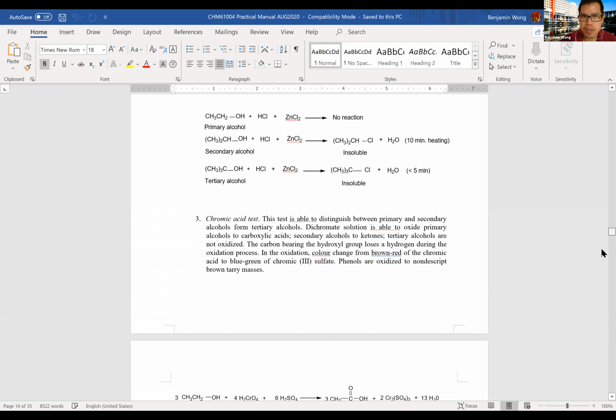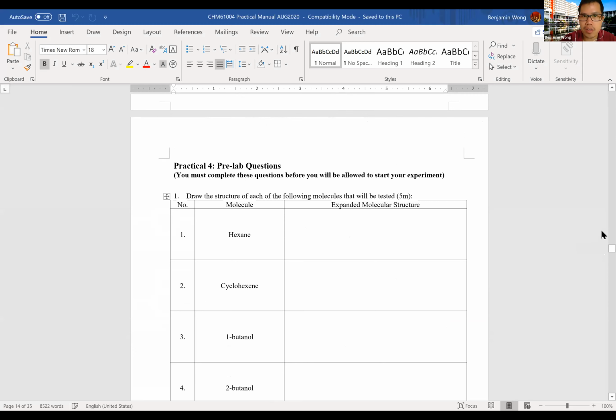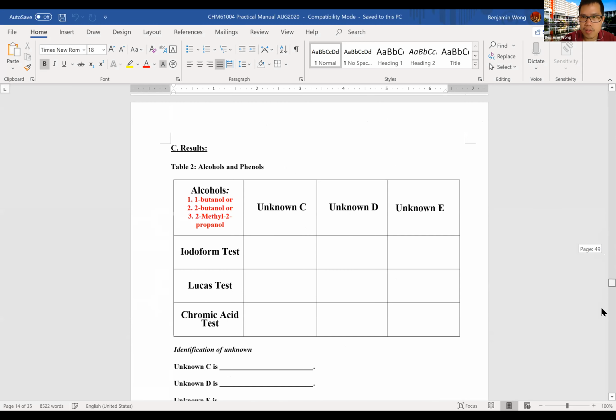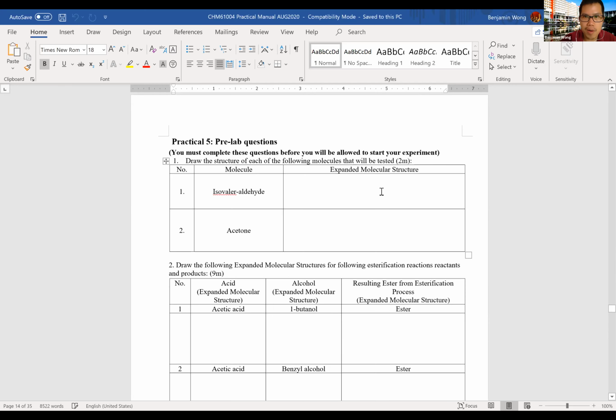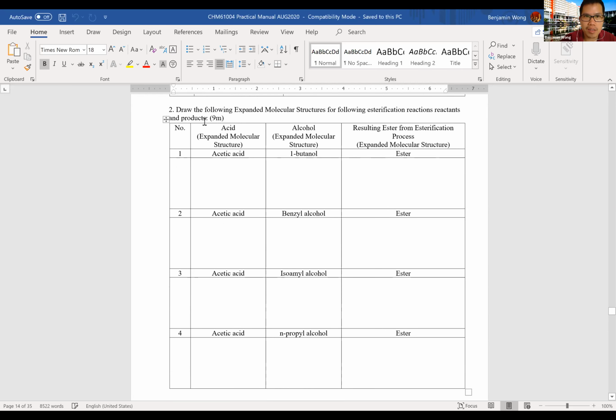So you see over here, 5 marks. This one is 4, sorry. Here, 2 marks. I ask you to draw out the expanded structure, then you draw all this for 9 marks.